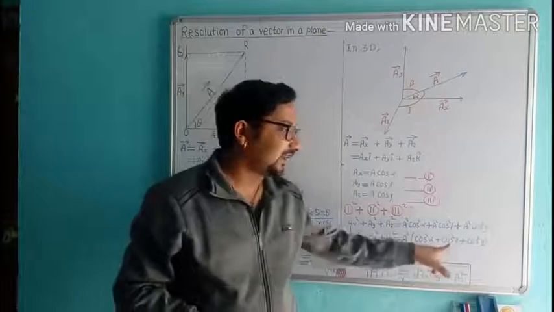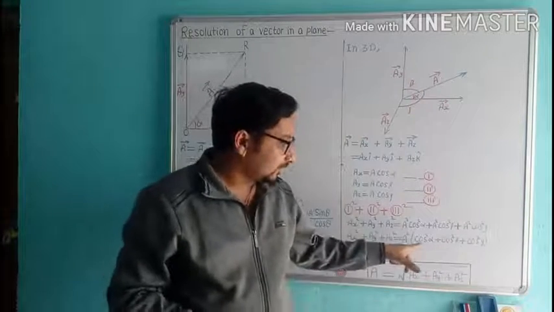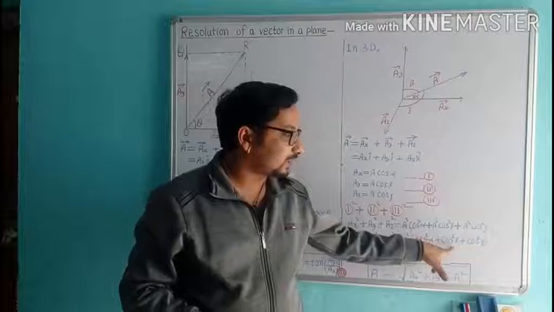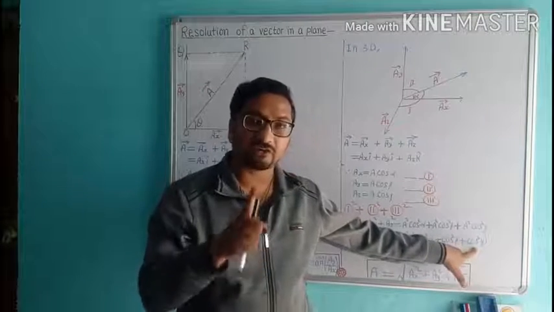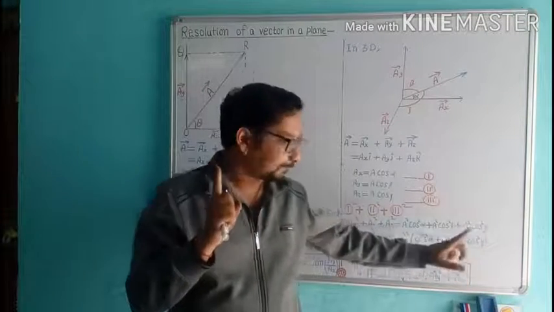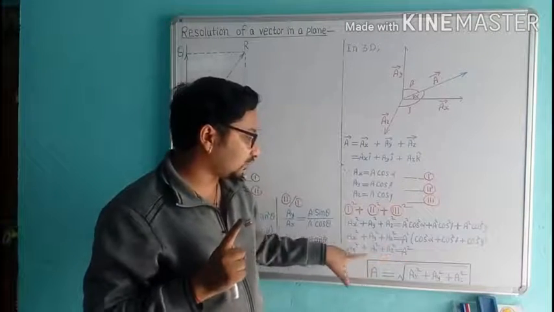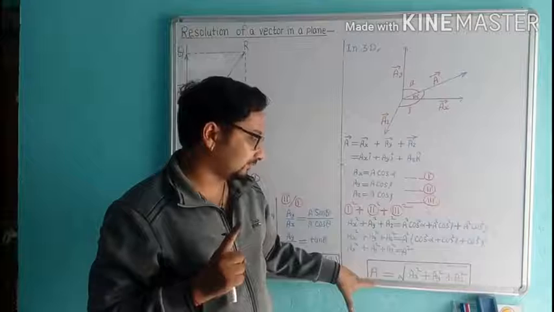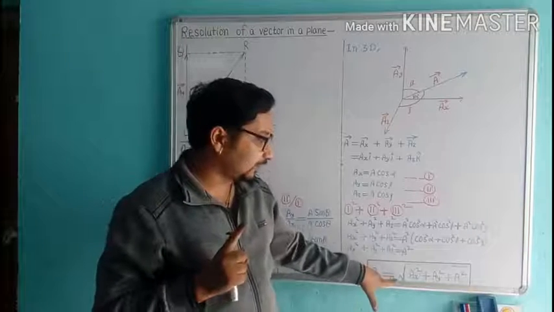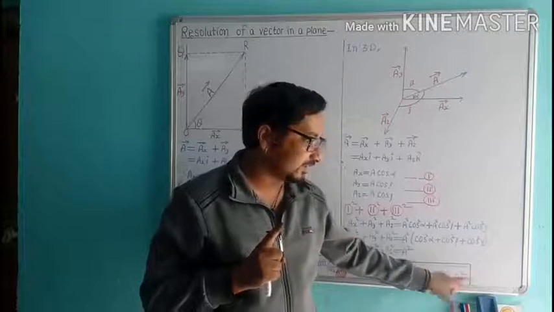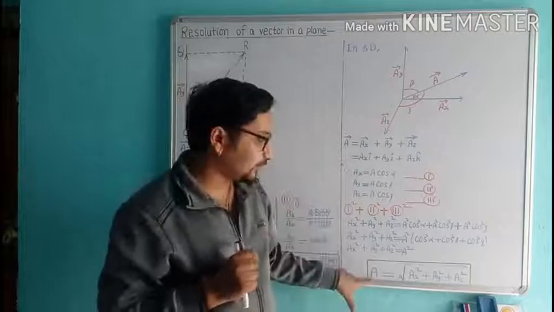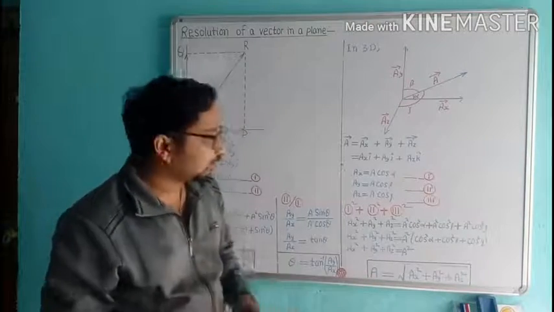Since they are direction cosines, cos square alpha plus cos square beta plus cos square gamma is equal to 1. Then we have A square is equal to Ax square plus Ay square plus Az square. That means A is equal to under root Ax square plus Ay square plus Az square. This is the magnitude of the vector A.